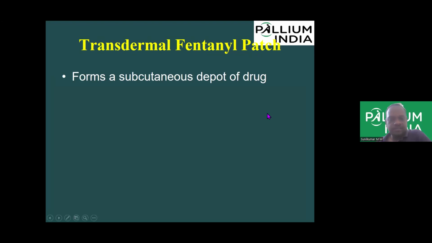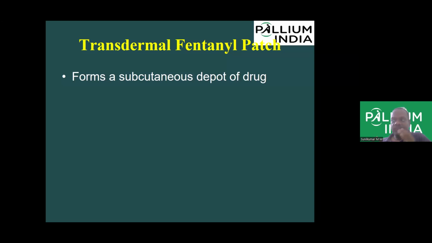What happens is fentanyl is slowly liberated into the subcutaneous tissue and forms a subcutaneous tissue depot or storage. From this storage, fentanyl is gradually liberated into the bloodstream. For this depot to form, it will take about 8 to 12 hours.